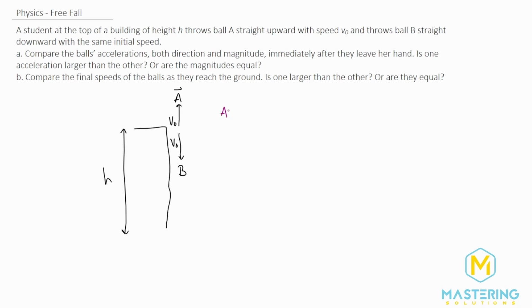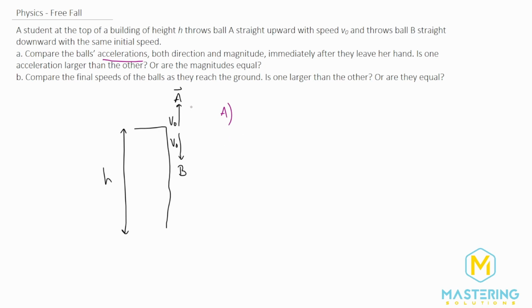So for part A, what they're asking about is the accelerations. They say in direction and magnitude, we want to compare the two immediately after they leave her hand. So the acceleration after they leave her hand, they're in free fall, right? This is a free fall question. And so when we say that, the only thing that's acting on these balls now is gravity.